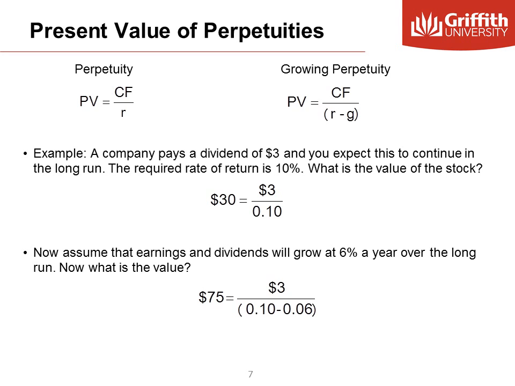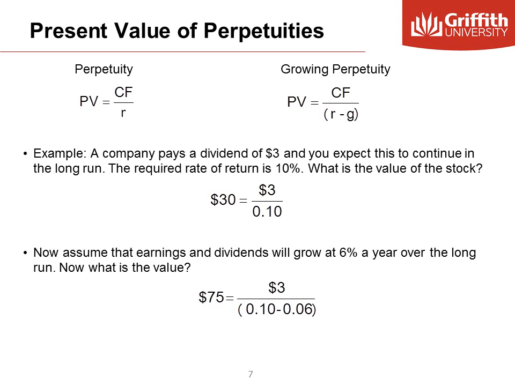The other formula, a growing perpetuity, is an annuity in which the cash flows continue forever. However, those cash flows grow at some constant rate. This is usually used in ordinary share valuation, where dividends increase with the level of earnings, as illustrated in the second example, where we're assuming that the earnings and dividends of the company will grow at 6% a year over the long run.